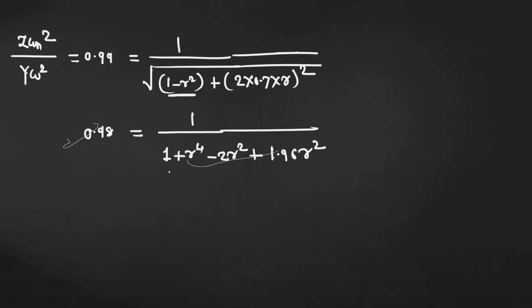Okay, so we will get the equation as r raised to 4, minus 2 plus 1.96, so minus 0.04 r square, plus 1, and this is equal to 1 upon 0.98.